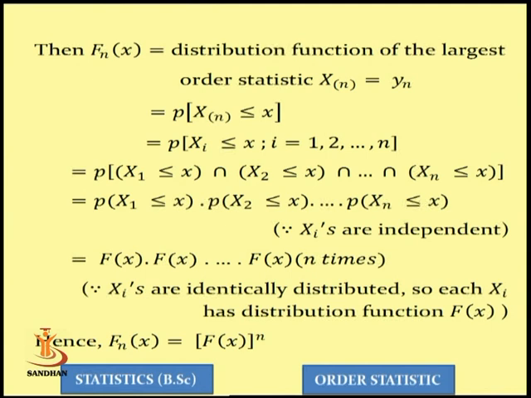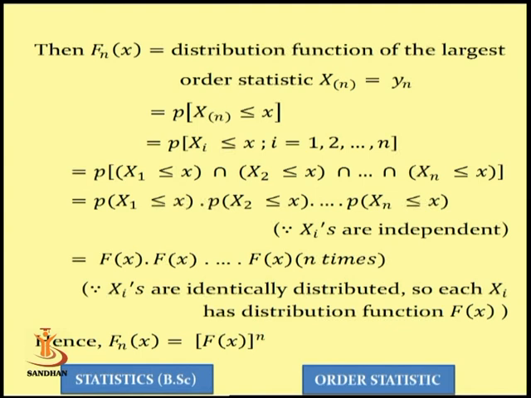Now this event can be taken as the intersection of the n events of the form: the first observation X1 less or equal to x, and the intersection X2 less or equal to x, and so on up to Xn less or equal to x. So if the highest order statistic Xn is less than x, then obviously all observations are going to be smaller or equal to that x.